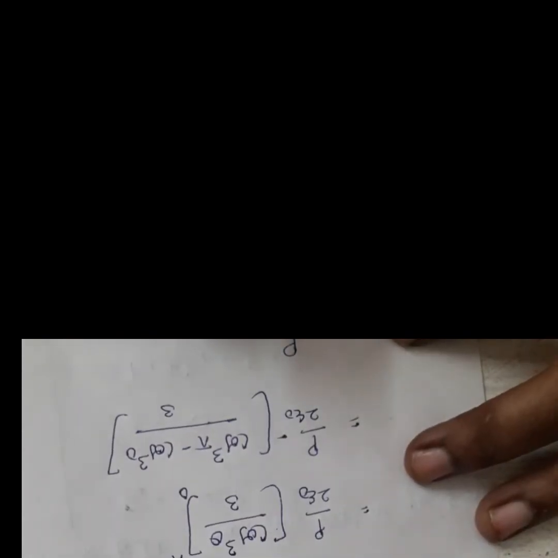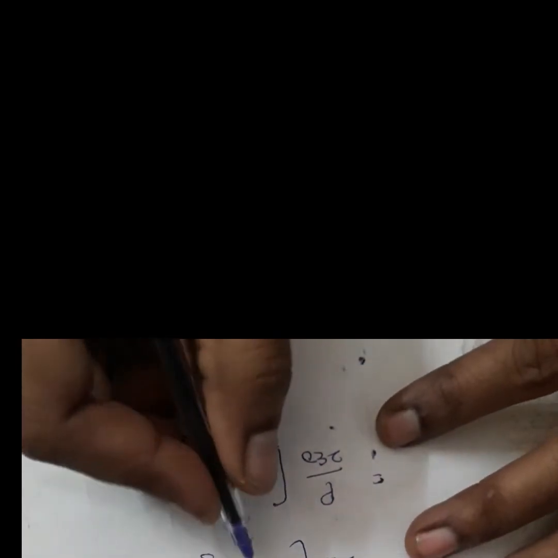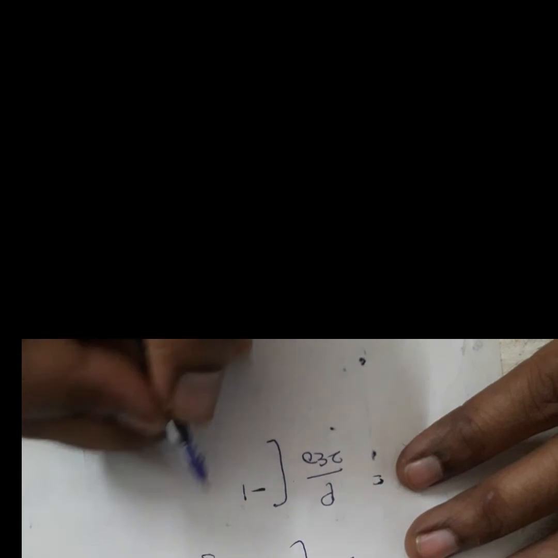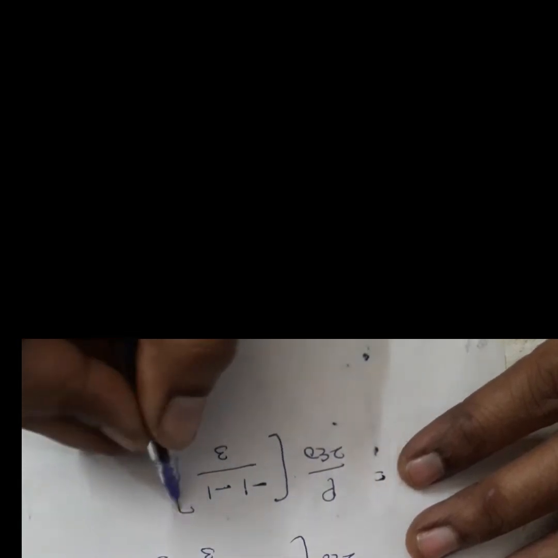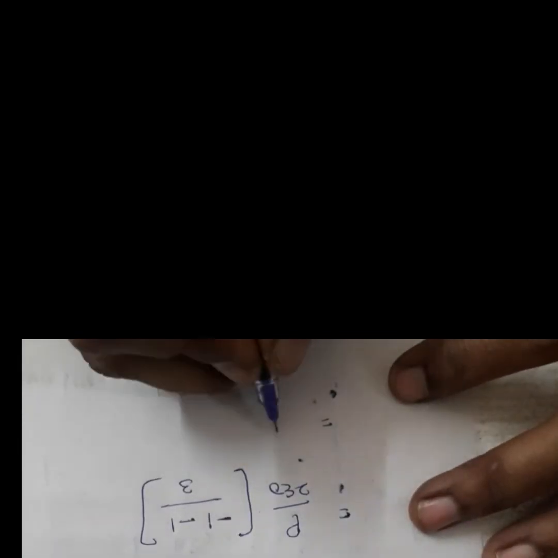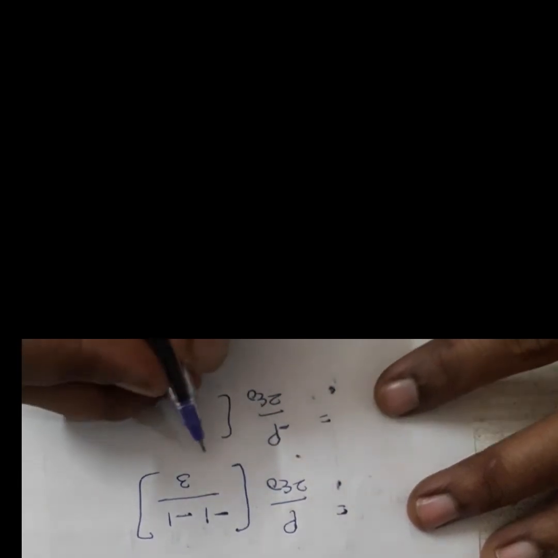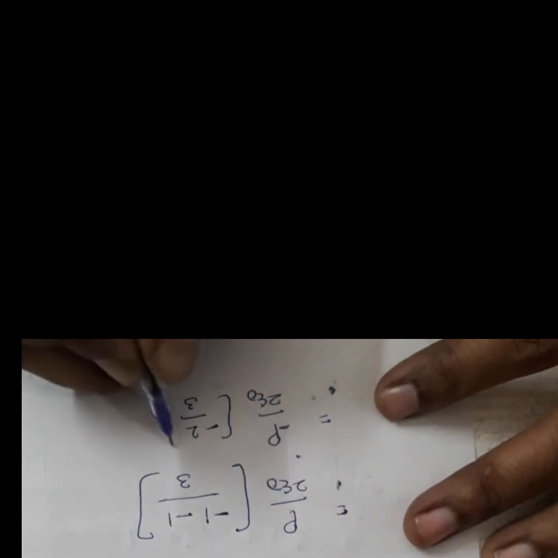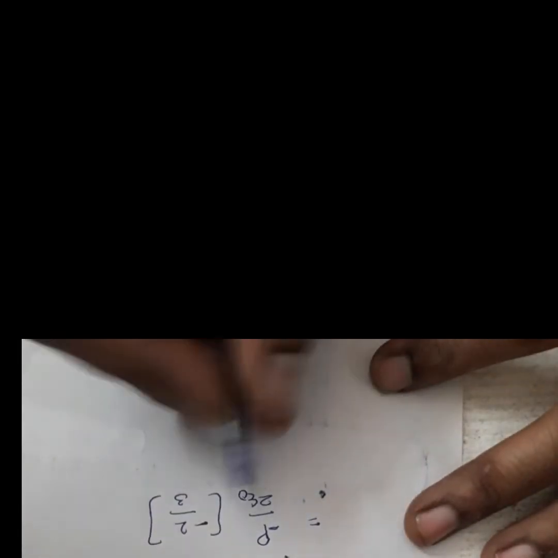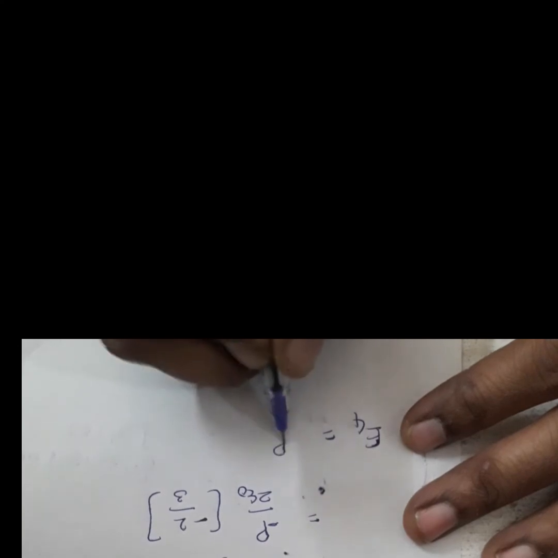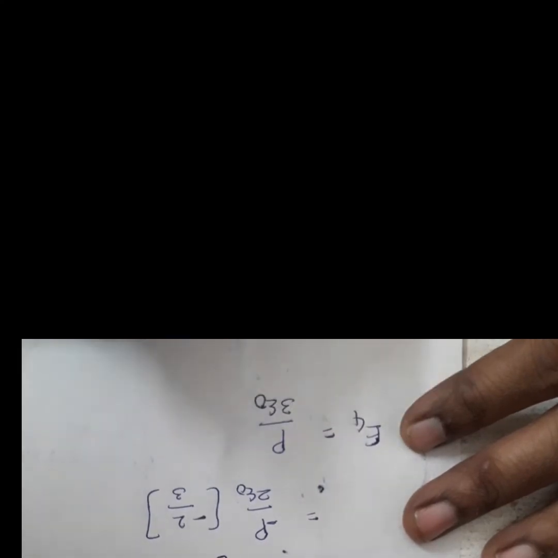Now p by 2 epsilon naught, cos pi that will be minus 1 and cos 0 that will be 1, then minus p by 2 epsilon naught minus 2 by 3. Here minus minus gets cancelled, then we will get E4 as p by 3 epsilon naught. This is the value of the E4.